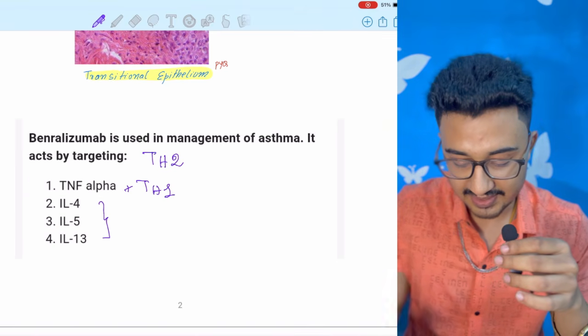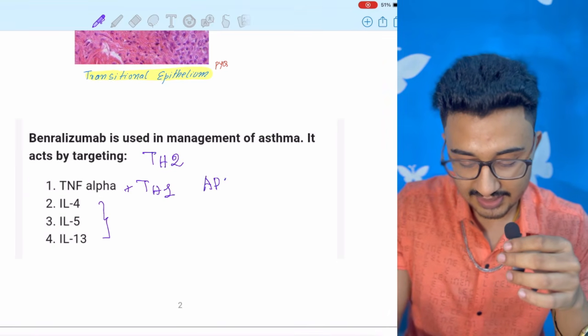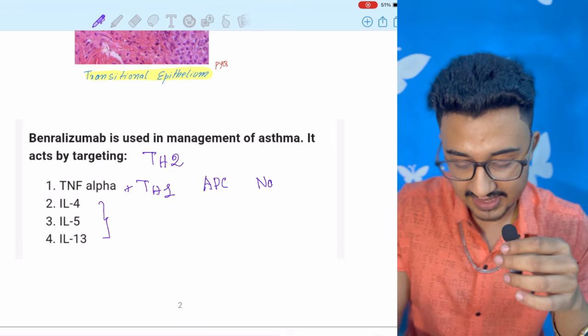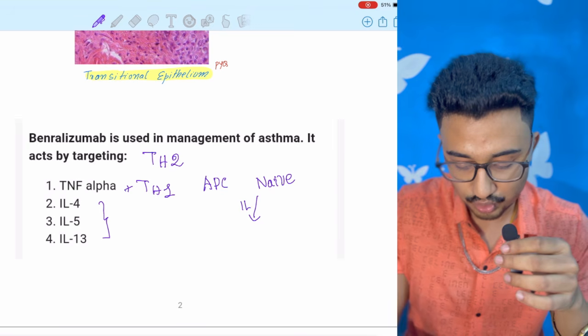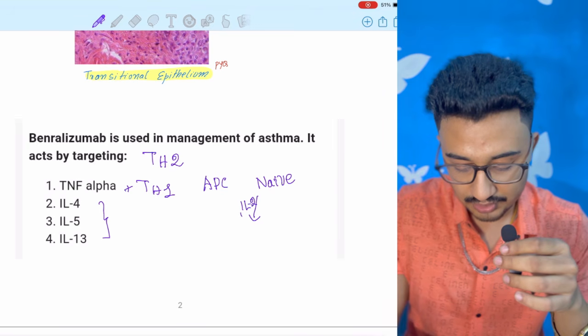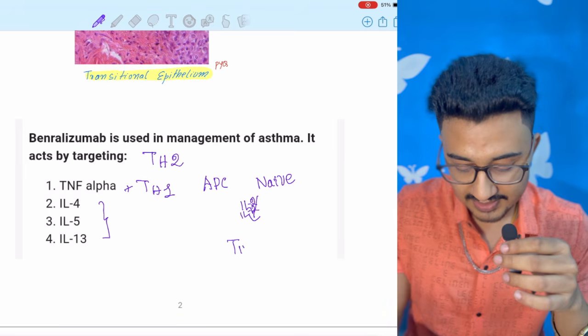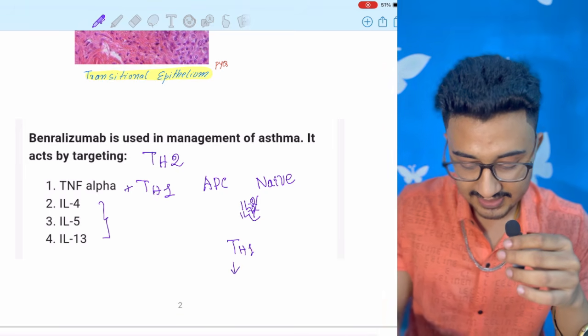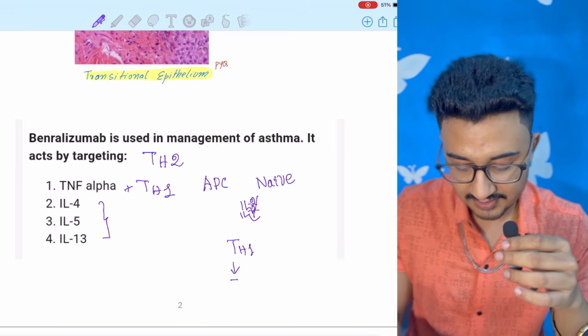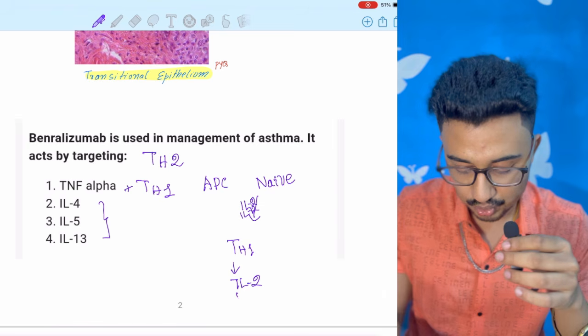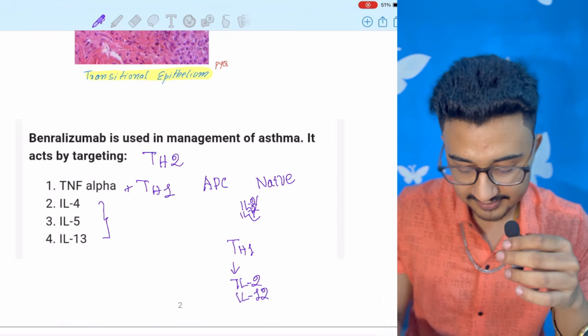Let me explain Th2. An APC is there and a naive T helper cell is there. If the APC secretes IL-2 or IL-12, then Th1 is formed. It secretes IL-2, IL-12, IFN gamma, and TNF alpha.